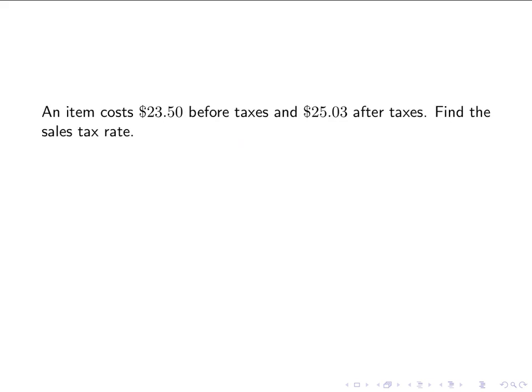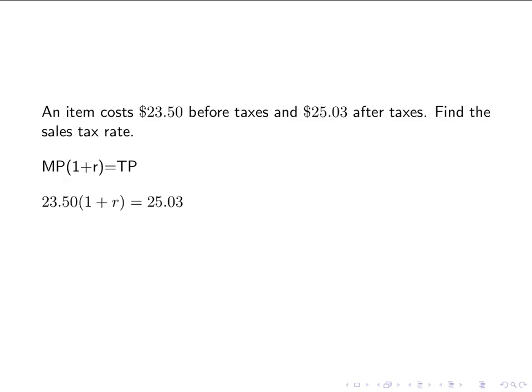An item costs $23.50 before taxes, so that is the marked price, and $25.03 after taxes, so that's the total price. Find the sales tax rate. So again, we're going to use the third equation, so MP times 1 plus R equals TP.